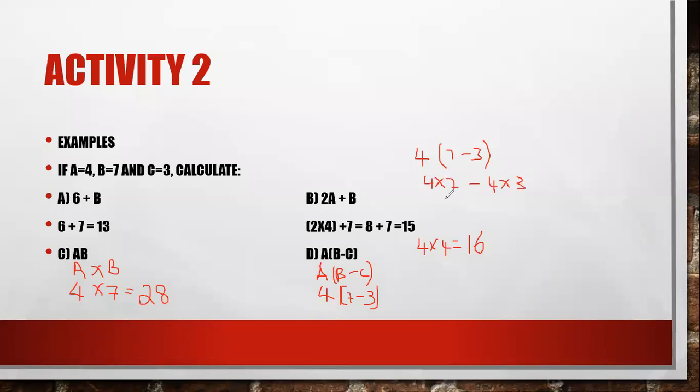And then I have 28 minus 12 to give me 16. So this is the distribution method. You can also use it in solving such problems in algebra. So basically you can use those two to give you that answer.